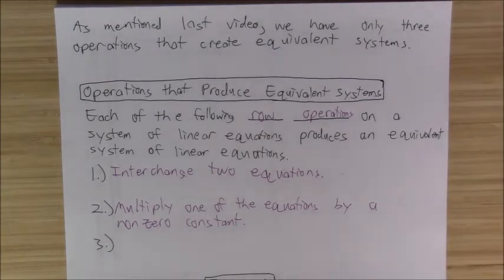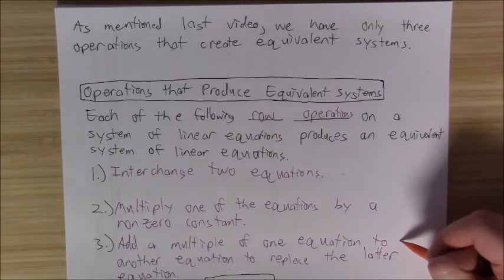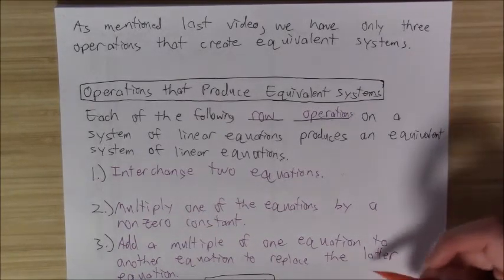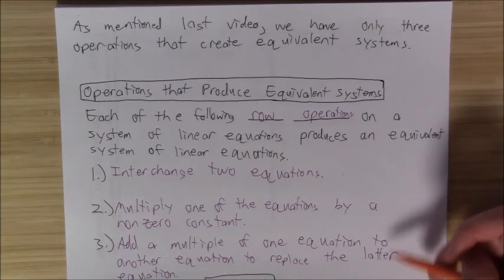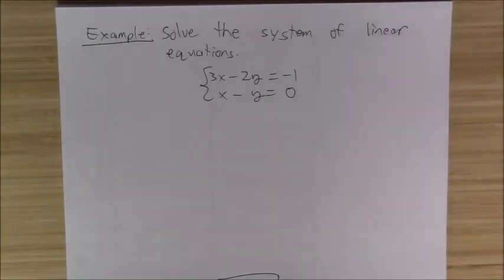Finally, the last row operation, which we used a lot when solving by elimination, is adding a multiple of one equation to another equation in order to replace the latter equation. The idea is that we're trying to eliminate a variable in one of the equations. So let's see how we can use these row operations to solve the following system of linear equations.